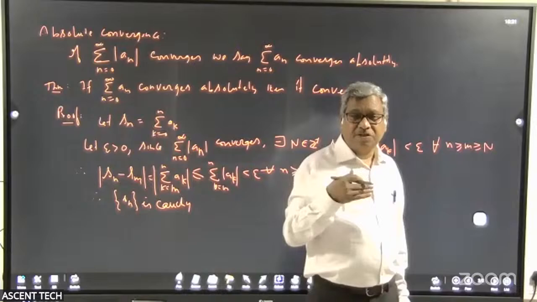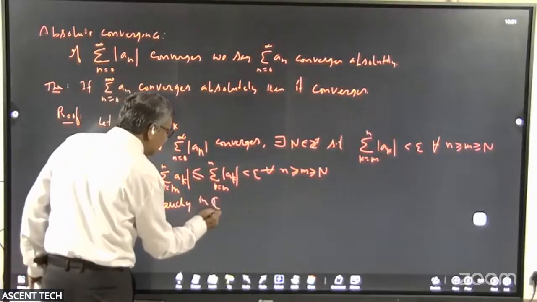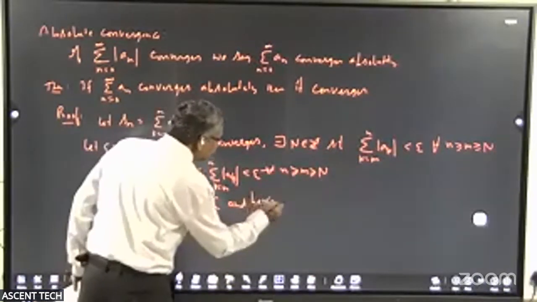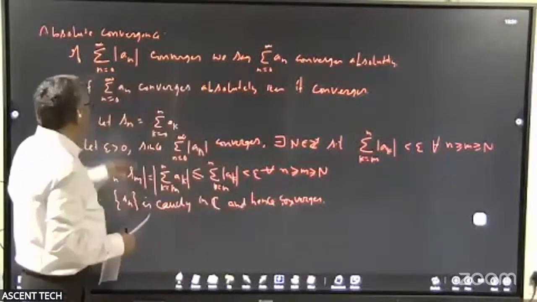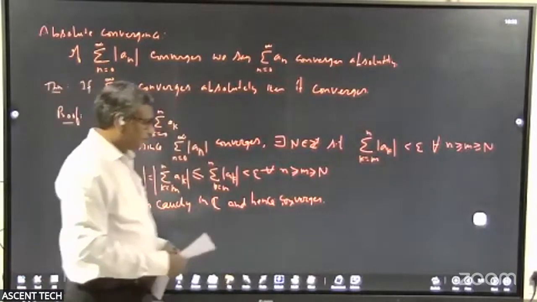And we proved that S_n is Cauchy in C, hence it converges. So I proved that absolute convergence implies convergence.